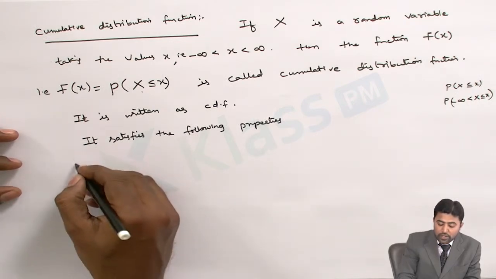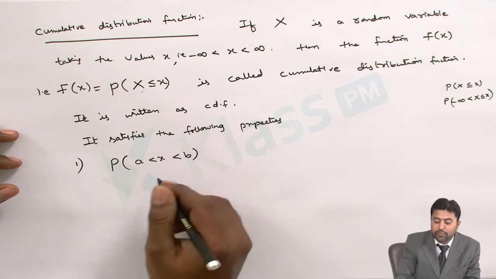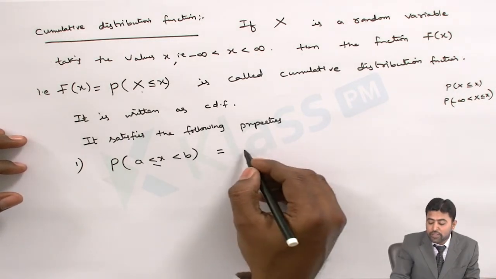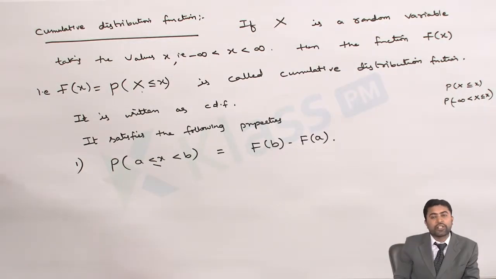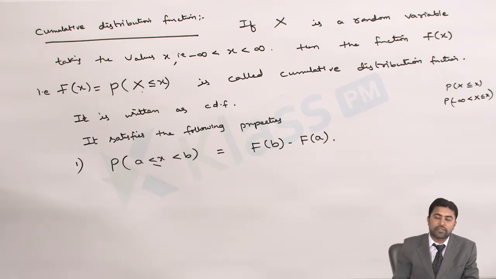First one is P of A less than x less than B, or P of A less than or equal to x less than B, is equal to F of B minus F of A. For a continuous distribution, P of A less than or equal to x less than or equal to B is the same as P of A less than x less than B, or with any equal to signs.